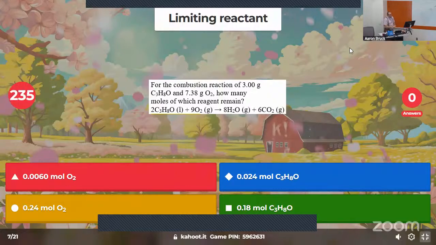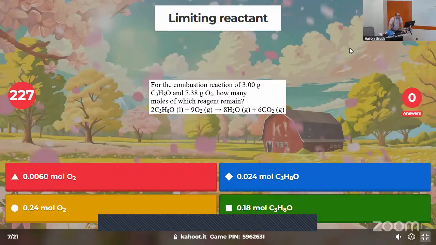For the combustion of 3 grams of C3H8O, propanol, and 7.38 grams of oxygen, how many moles of each reagent, and which reagent would remain?